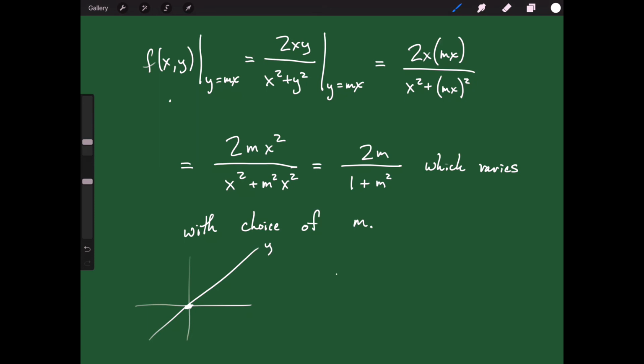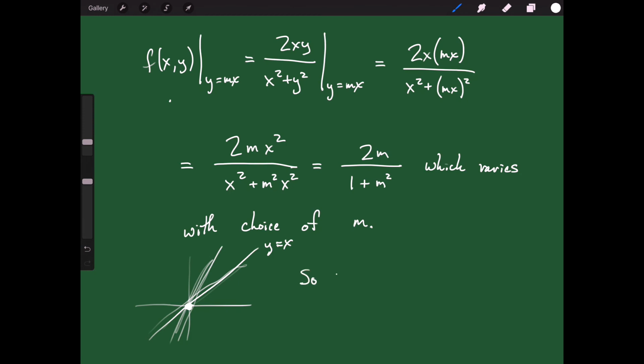So this maybe is y equals x, and so m is 1, and the values of this function close to the origin are going to be 1. But if I travel on a different path, like m equals 2, then the values of this function are going to be 4/5. So it depends on what line I'm going through, what value I get out of my function. When I'm close to the origin, they're not all the same. So this thing is not going to be continuous at 0, 0.